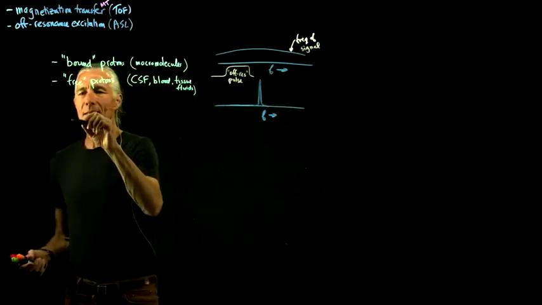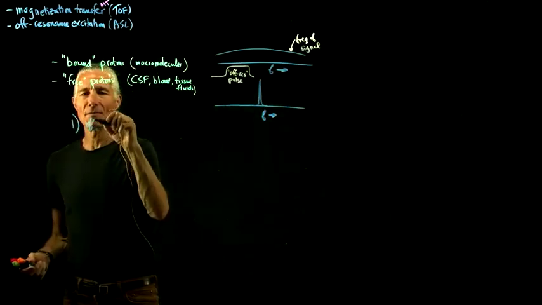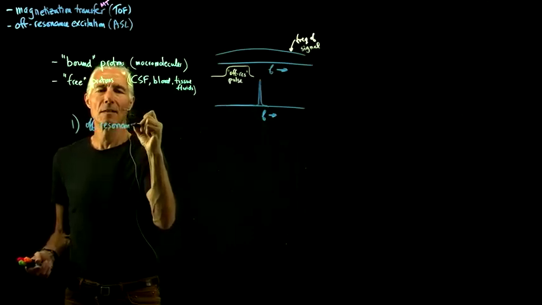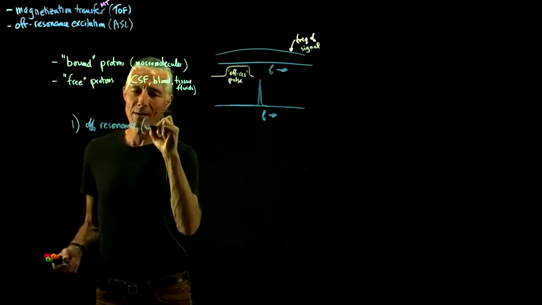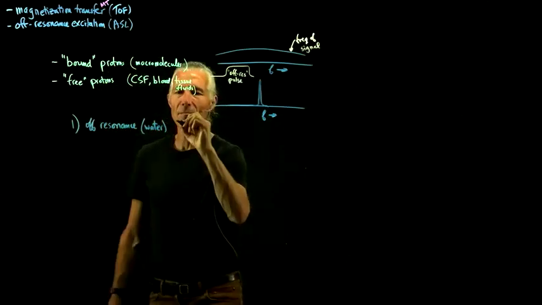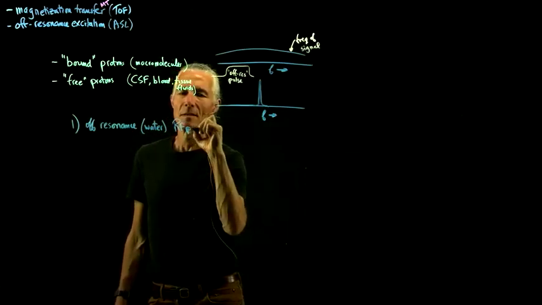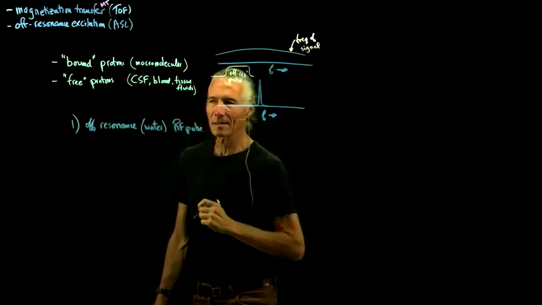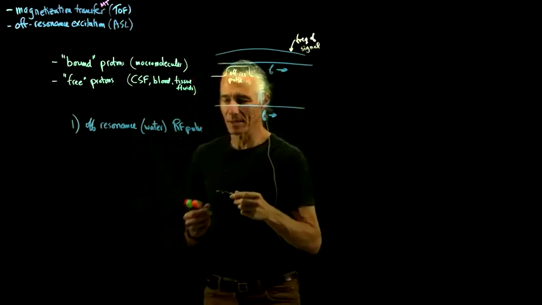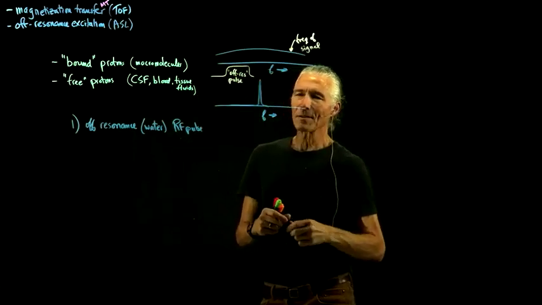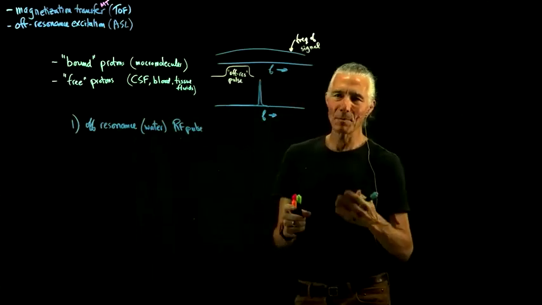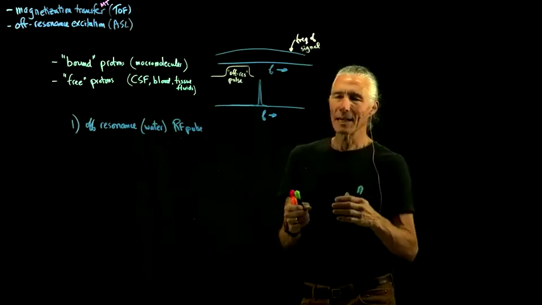So basically the plan is just an off-resonance, meaning off water resonance, RF pulse. And this is kind of like inversion recovery. When we talked about inversion recovery, what they would call it in the MRI literature is a preparation pulse, because it doesn't actually make an image.